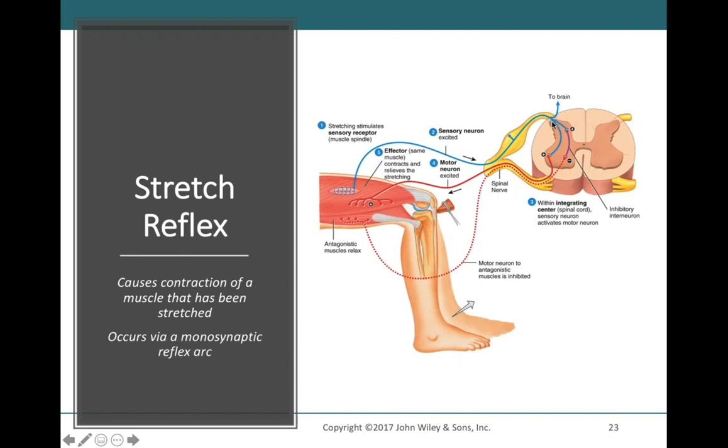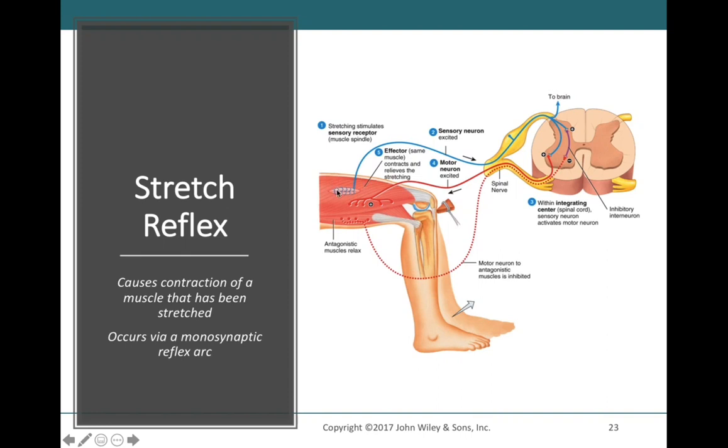You can see that one pathway is going to take this sensory neuron and synapse with a motor neuron. And this motor neuron is going to innervate the group of muscles known as the quadriceps. The quadriceps is the group of muscles found on the anterior side of the leg, and the hamstrings are the group of muscles that can be found on the posterior side of the leg. And we're going to be talking about each of these groups through each of these reflexes. So this axon collateral is going to come out here and synapse with a motor neuron that innervates the quadriceps muscles.